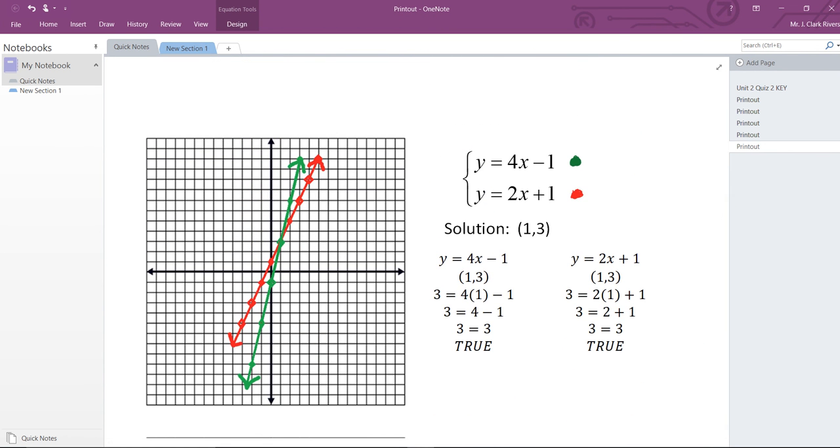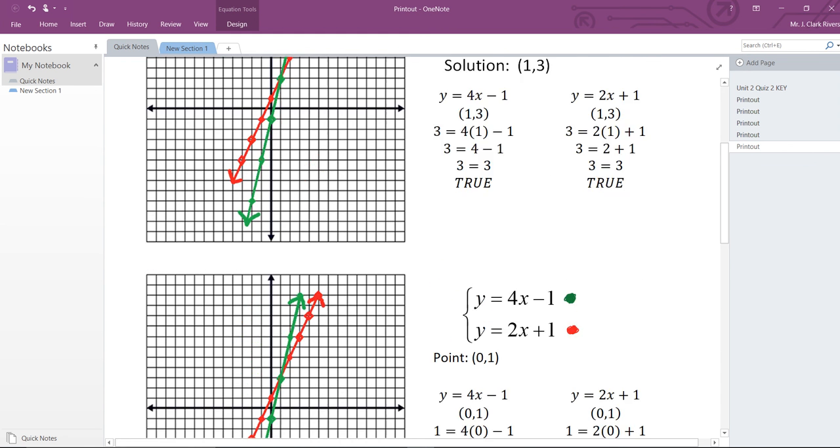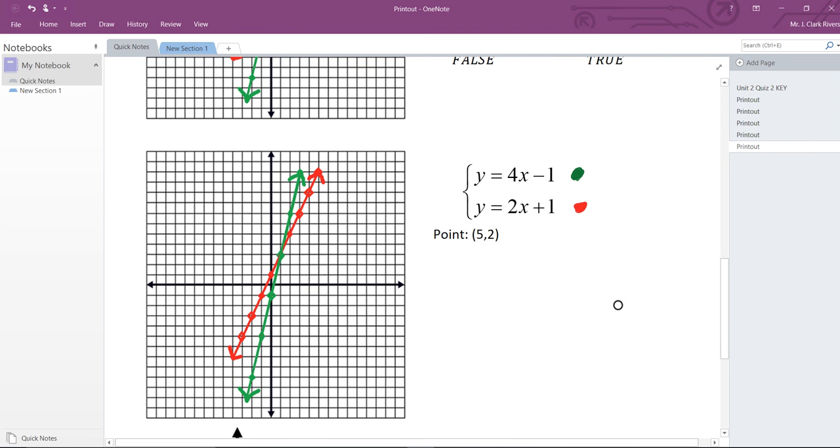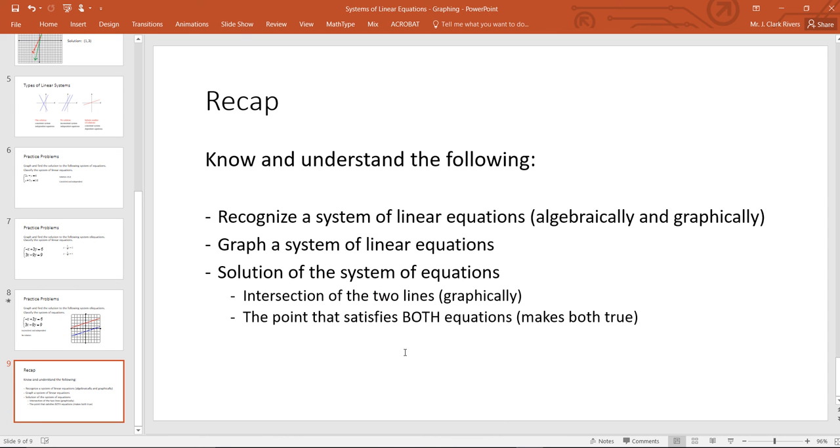When I plug in my solution, which was (1, 3) in this situation, it made both equations true. If you plug in a point that makes one equation true and the other false, that is not a solution. And of course, if it makes neither equation true, like (5, 2), which is not on either of the lines, then that is not a solution either. So the solution must satisfy both equations, make both of them true.